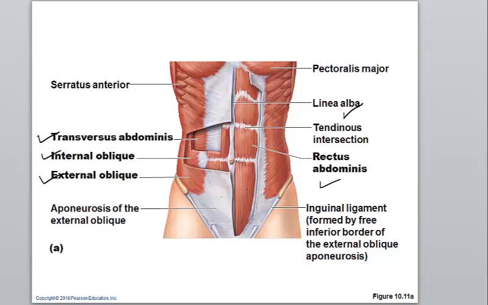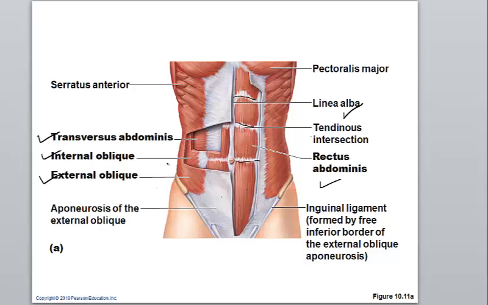What causes the six-pack? The tendinous intersections found between the fascicles of the muscle. When you work out, the muscle areas hypertrophy, but the tendons do not, so you end up with a six-pack or eight-pack, whatever pack it is. Linea alba is the central midline.